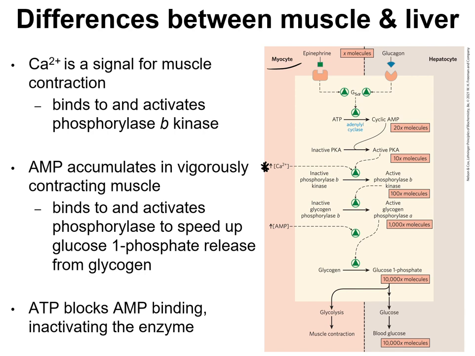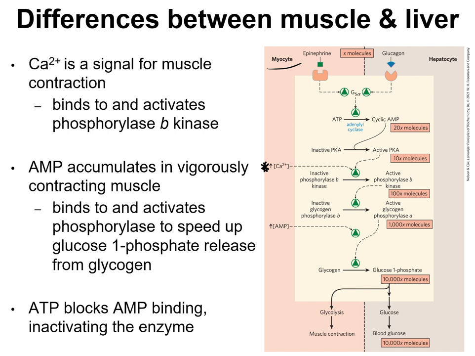AMP accumulates when you're doing some kind of vigorous activity. And that AMP binds and activates the phosphorylase. So that's going to speed up the formation of glucose 1-phosphate release from glycogen. ATP blocks AMP binding, so that will inactivate the enzyme.